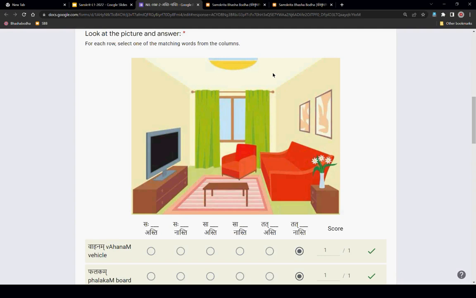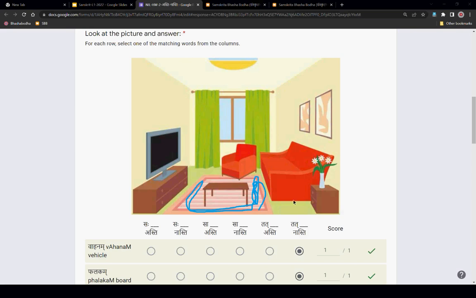So what else do you see in this picture? Kata. This one, right? Mat? No, mat is called Katara.